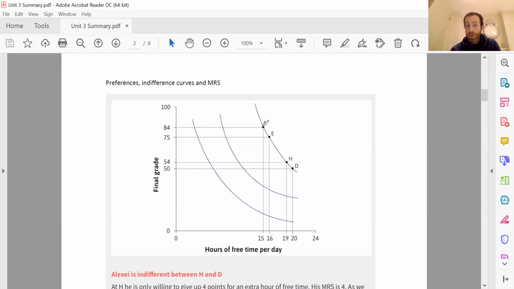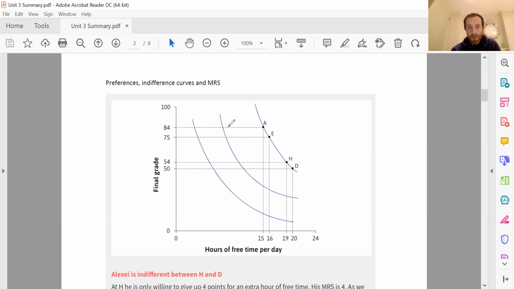And what it shows us is at point A, where Alexi has 15 hours of free time and gets a grade of 84, he would be just as happy, he would have the same level of utility, from having 16 hours of free time and only getting 75, right? And he would be just as happy getting 19 hours of free time and a grade of 54. And every combination of free time and grade along this blue line gives Alexi the same level of utility.